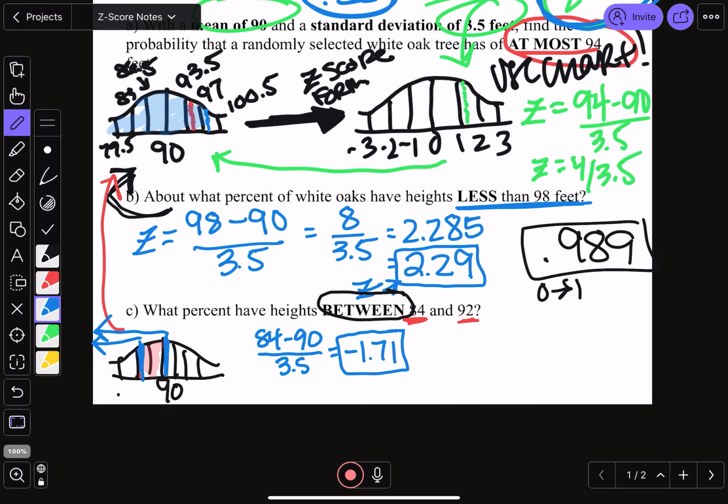Okay, and then I'm going to find my 92. So 92 minus 90 over 3.5. So 2 divided by 3.5 is 0.57. Now, this is okay that we have a negative and then a positive, because remember what I said, if you have a z-score to the left of the mean, it's going to be negative. If you have a z-score to the right of the mean, it's going to be positive.